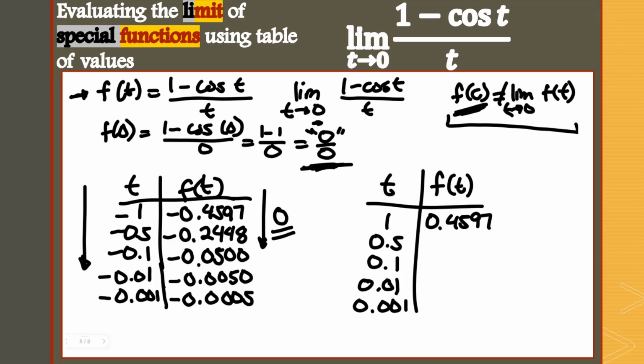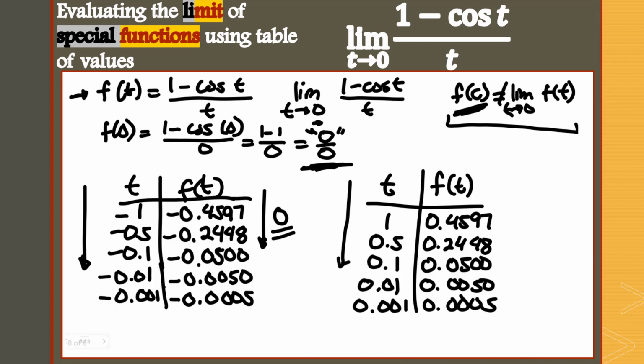For 0.5, substituting that into our function, you will have approximately 0.2448. Then as you continue, approximately 0.0500. For 0.01 it is 0.0050, and for positive 0.001, approximately 0.0005. Again, verify this if you can.